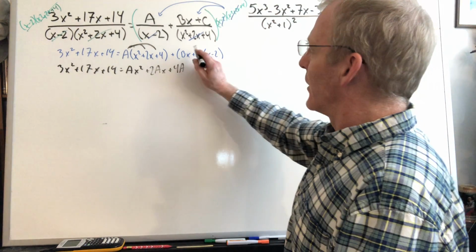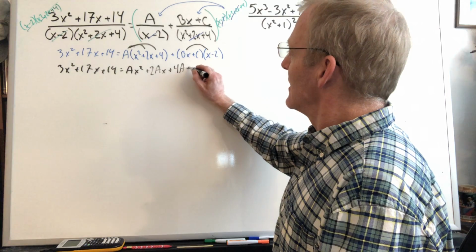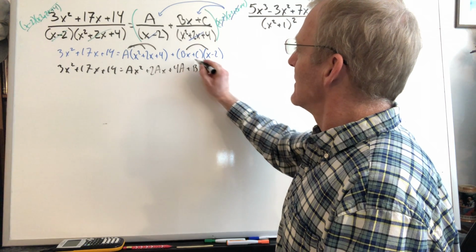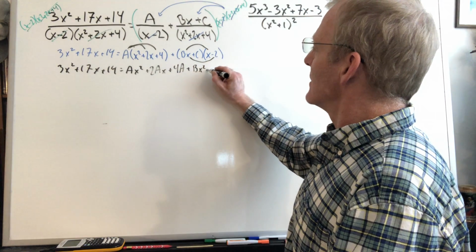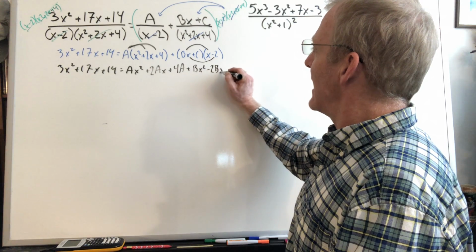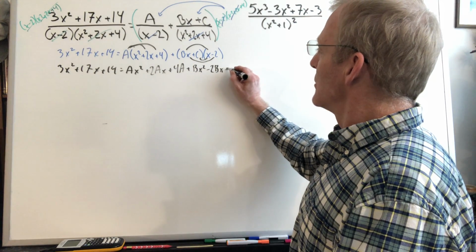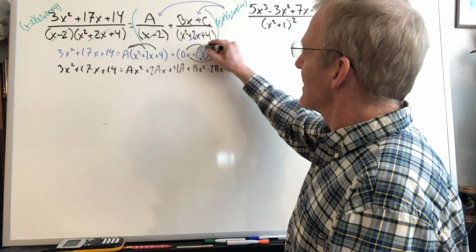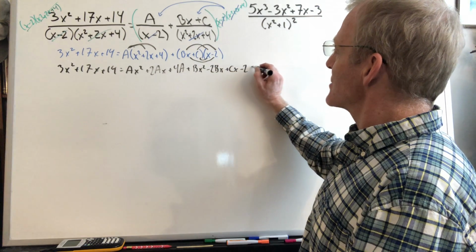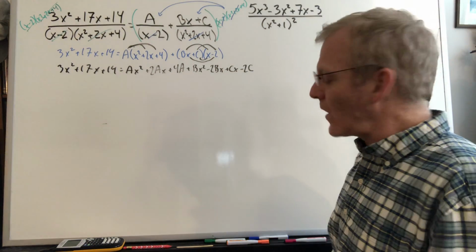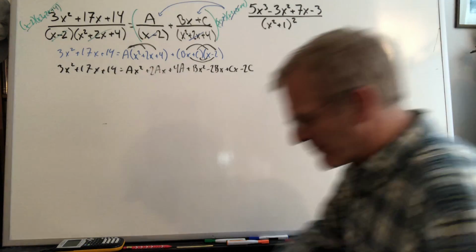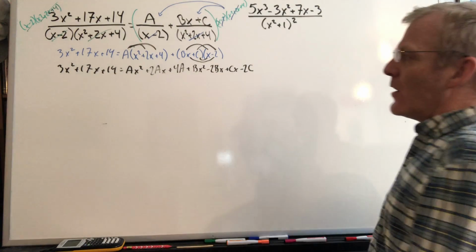And then here we're going to FOIL. So first, there's Bx squared. Outer minus 2Bx. Inner plus Cx. Last minus 2C.